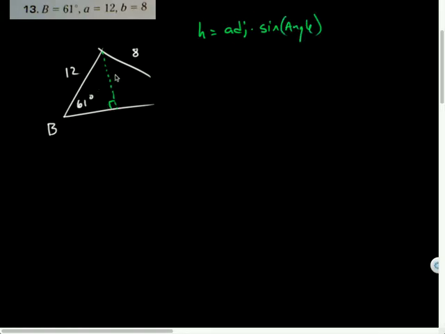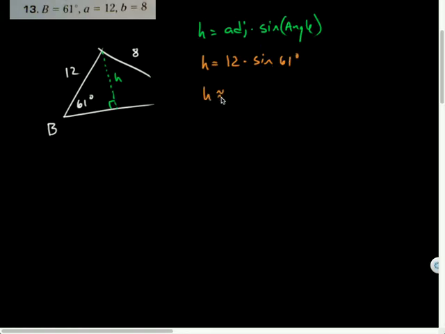The reason that works is that the height is the opposite, and the adjacent is the hypotenuse of this little right triangle. So sine of 61 equals h over 12, and solving for h, I multiply by 12. This is your setup every time for these angle-side-side situations. So h equals the adjacent, 12, times sine of 61 degrees.